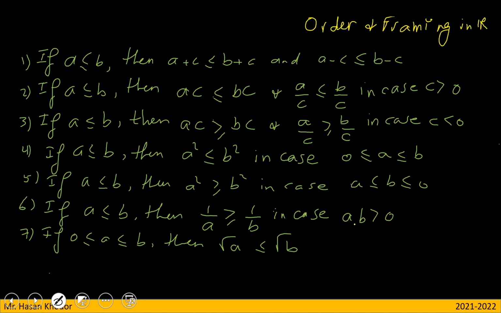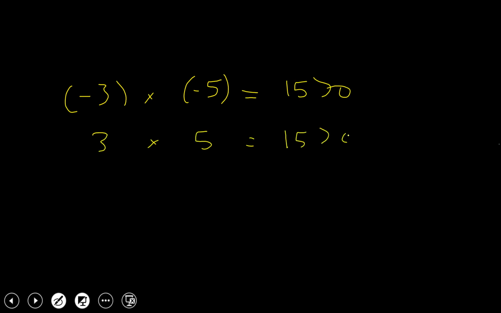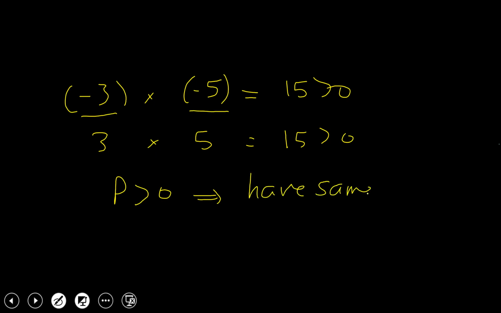I wrote A times B is positive. If both of them are negative, the product will be positive, 100%. If both of them are positive, the product is positive. So always, if the product of two numbers is positive, this means that the two numbers have the same sign: either both of them are positive or both of them are negative.